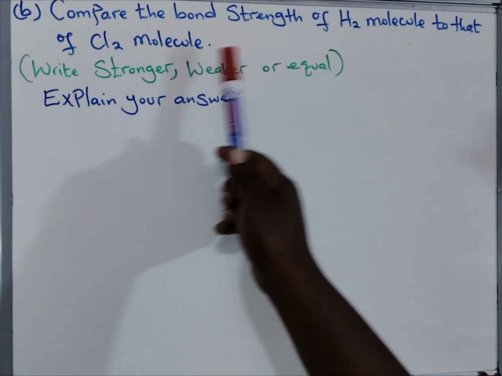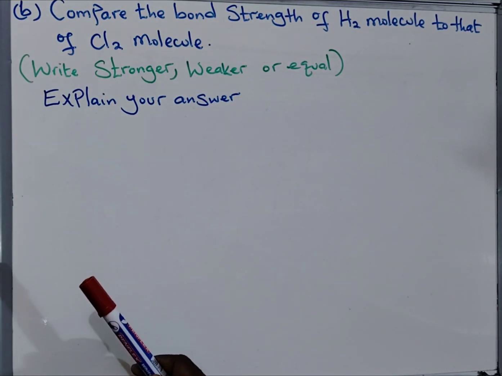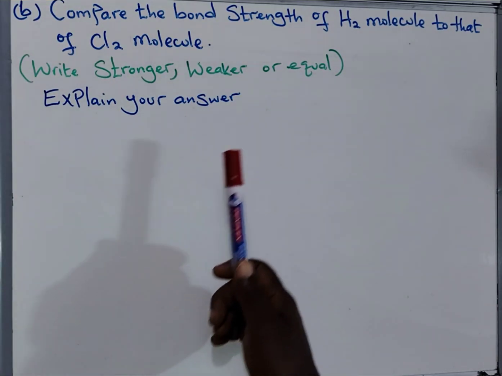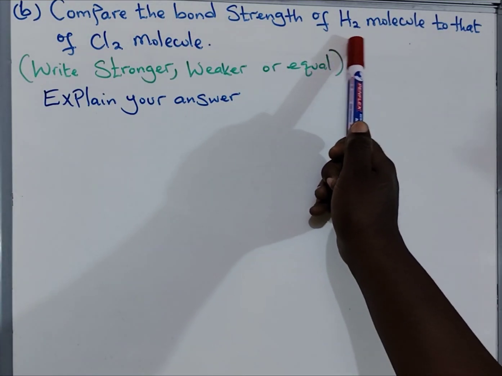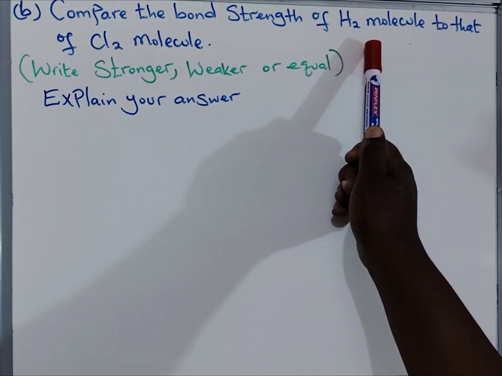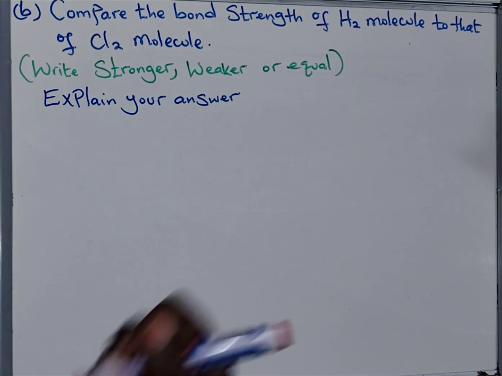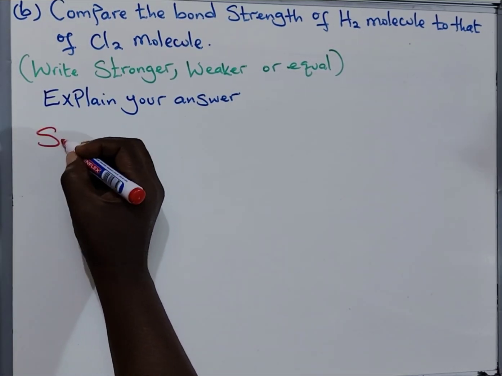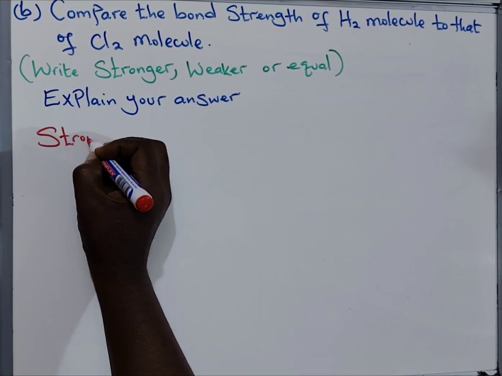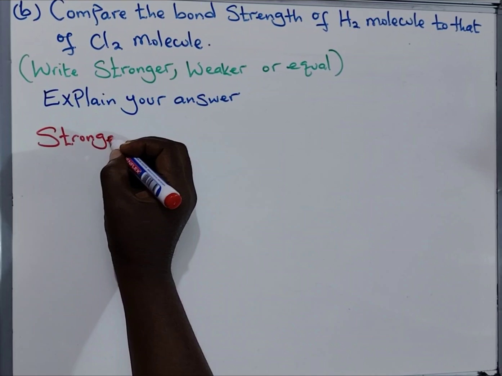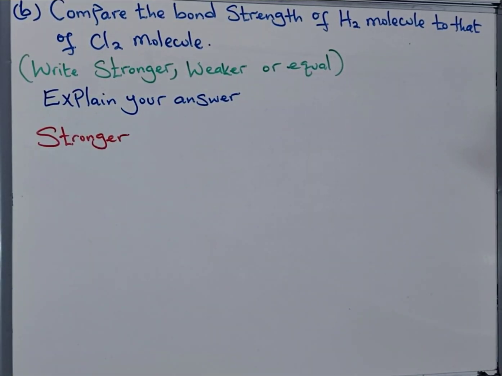We are comparing hydrogen to chlorine. Actually, the bond between hydrogen atoms is stronger than the bond between chlorine atoms.